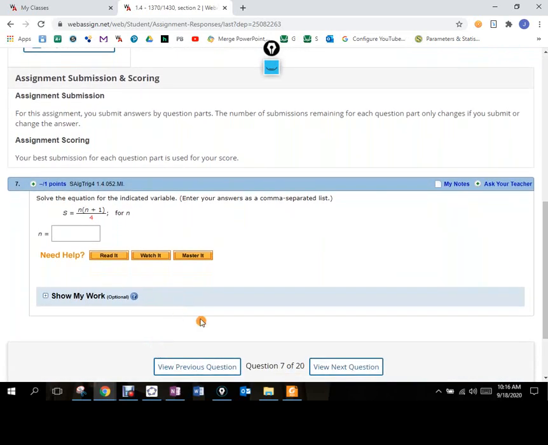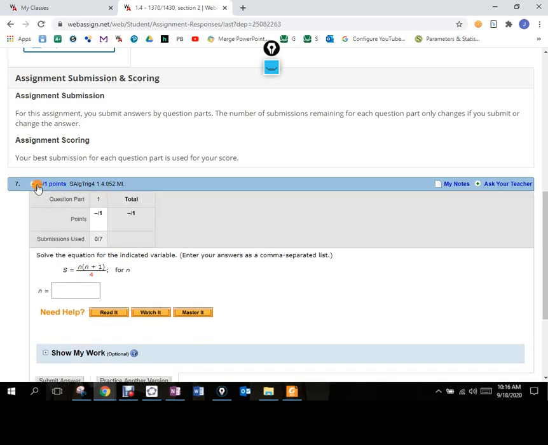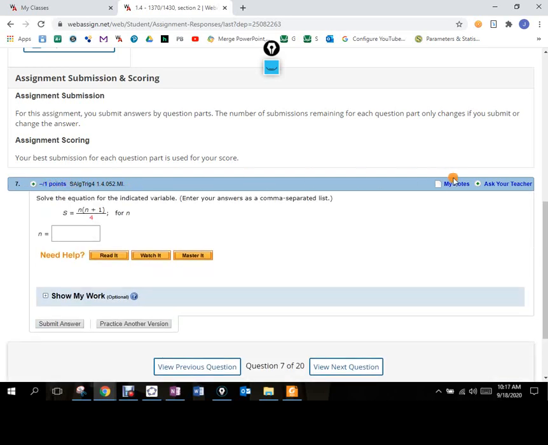So you should be able to see, here on question 7, if you click on this plus sign, it shows you that information. Maybe you guys can't see it, but I can.